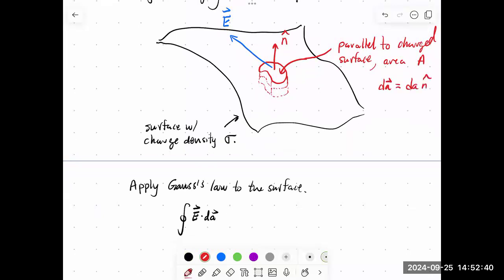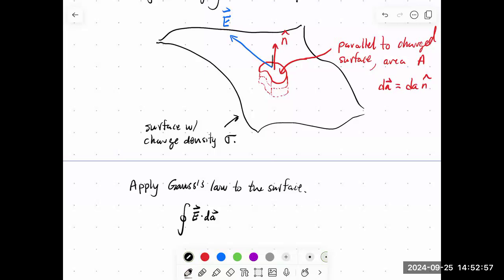Looking at my electric field, I've drawn it in some arbitrary direction. It's going to have a component that is parallel to n hat, and a component that's perpendicular.